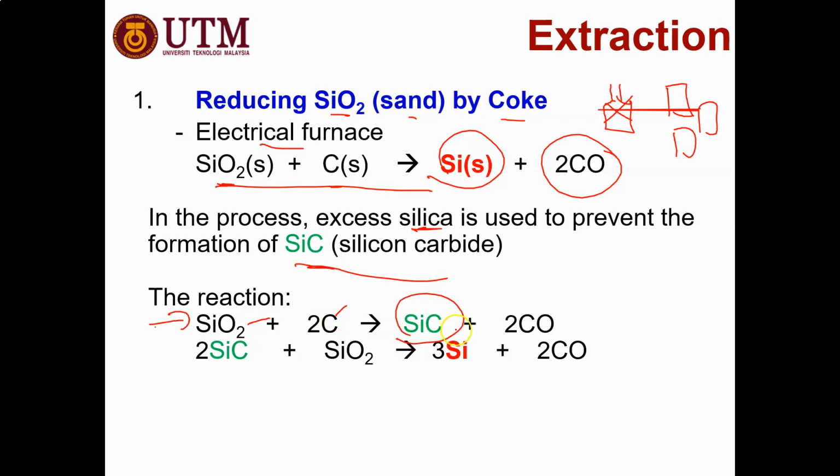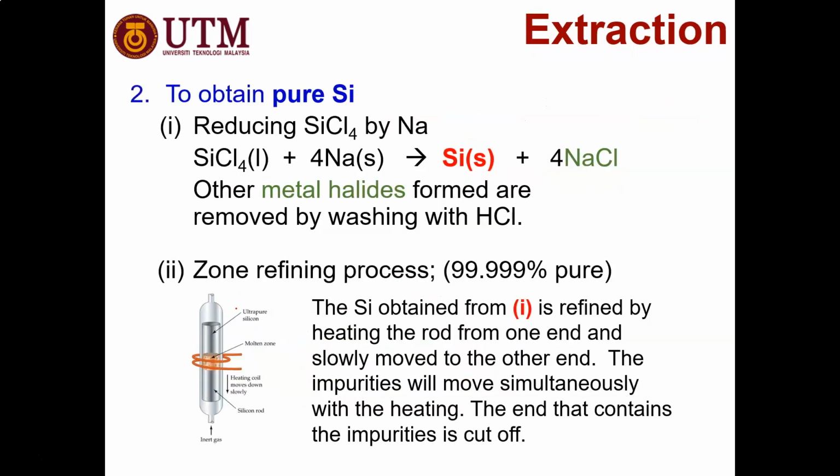Kita ada sebut masa at the previous class with the side product of carbon monoxide. So if we have excess silica, the silicon carbide produced akan terus react with the silica to get the silicon juga. So which is why it is important to have excess silica in this process.